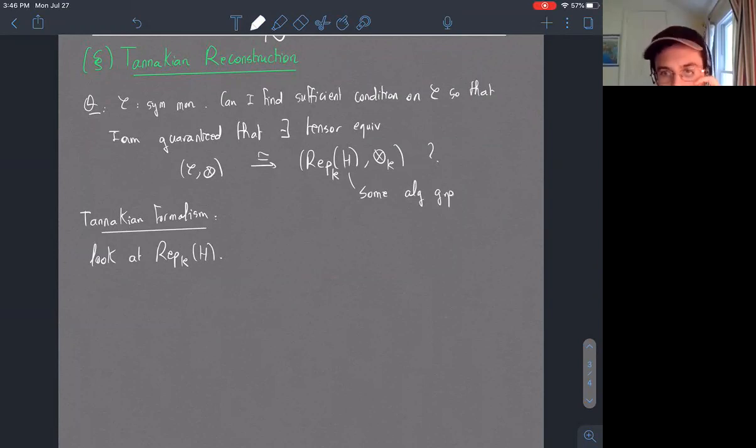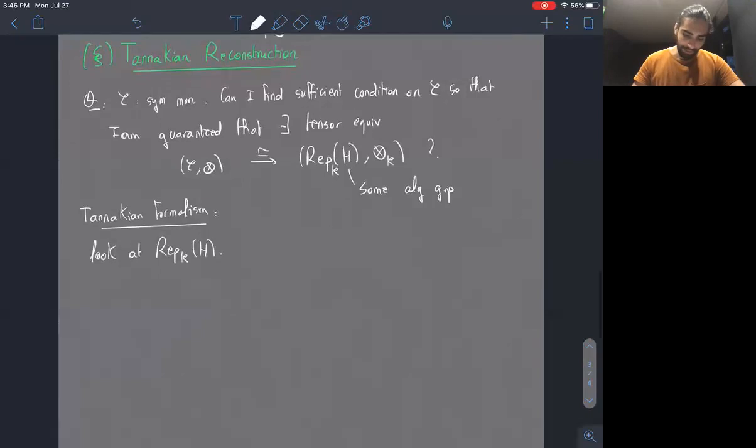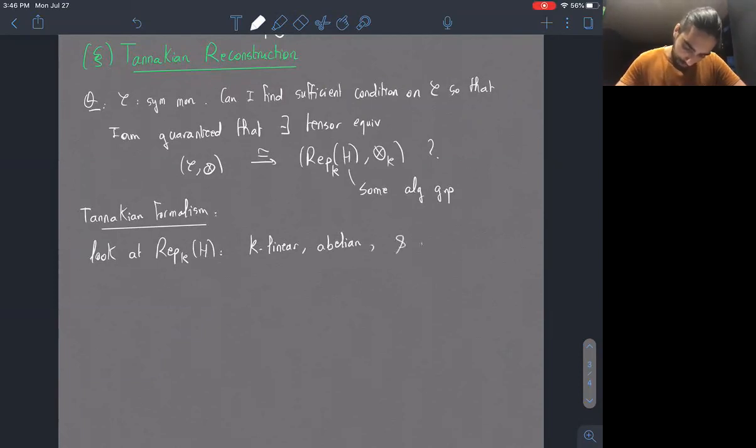So if we look at the category of representations of some algebraic group H, they're just vector spaces equipped with an action of H. We can see that it's K-linear, abelian, and that it comes with a forgetful functor down to vector spaces.